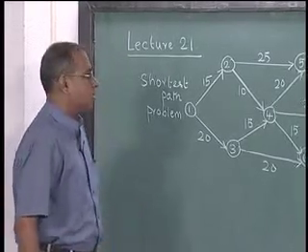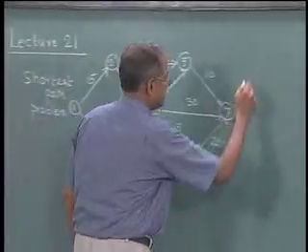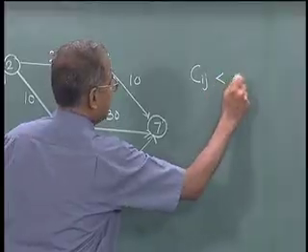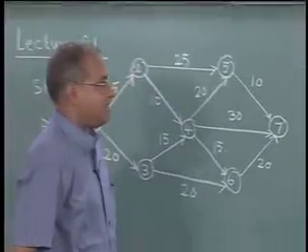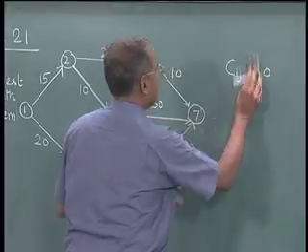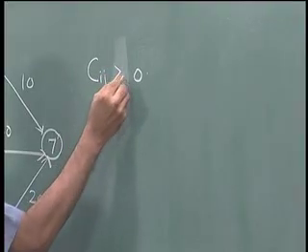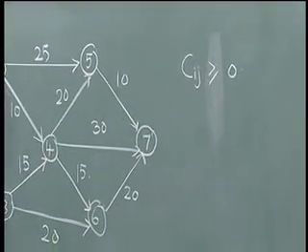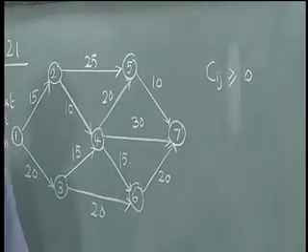We have also looked at the cases where the Cij's could be even less than 0. Ordinarily, in Dijkstra's algorithm, the Cij's are greater than or equal to 0 as shown in this example, but there could be cases where we could have negative costs also.